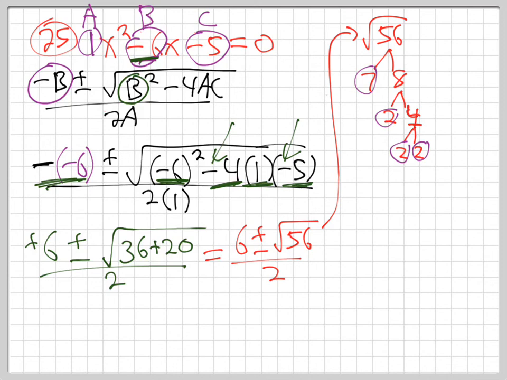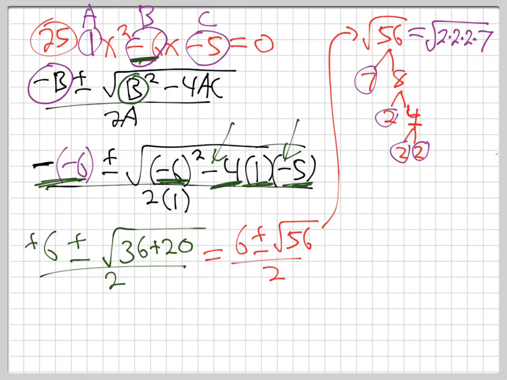Just the things at the ends, because those are the things that can't break down anymore, the primes. So we're finding the prime DNA, the fundamental building blocks that make 56, the numbers that won't break down anymore. So what does that give us? It's the square root of 2 times 2 times 2 times 7. Is that making sense?